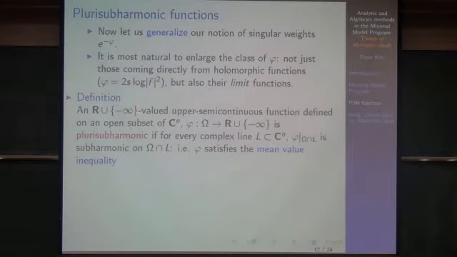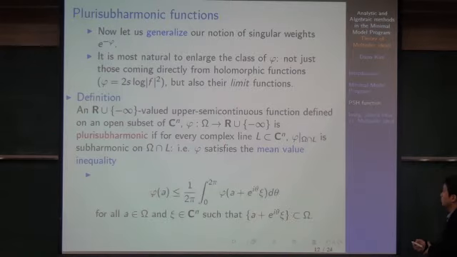We have the following standard definition from several complex variables. Instead of these kinds of phi, now we think of a new kind of phi, which is a real number or minus infinity valued function, which is not necessarily continuous, but you need it to be upper semi-continuous. Let's say it's defined on an open subset omega. It is plurisubharmonic if for every complex line L in C^n, when you restrict phi to this line intersected with omega, you want it to be subharmonic.